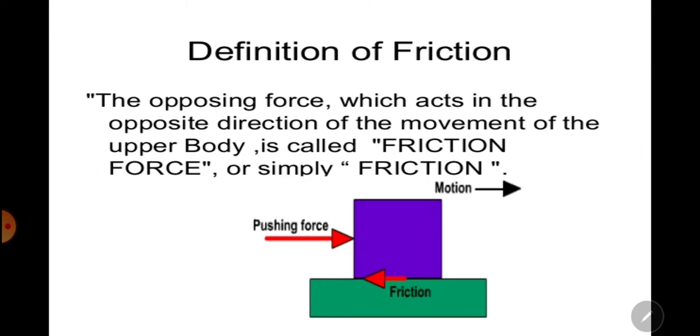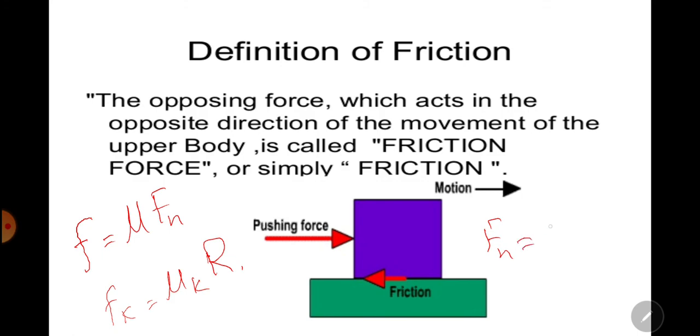The opposing force which acts in the opposite direction of the movement of the upper body is called friction. Friction force is mostly represented by small f, but in your book it is represented by capital F. F is equal to mu into Fn, normal force. Kinetic friction is mu k into R. Fn is equal to R, normal direction, and is equal to the weight of the body.